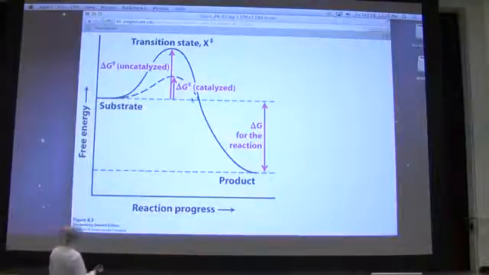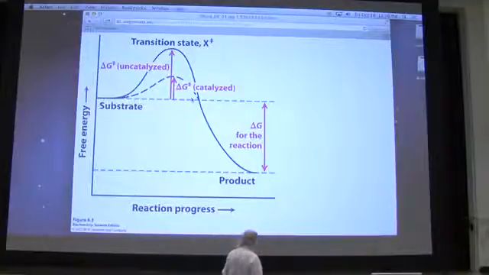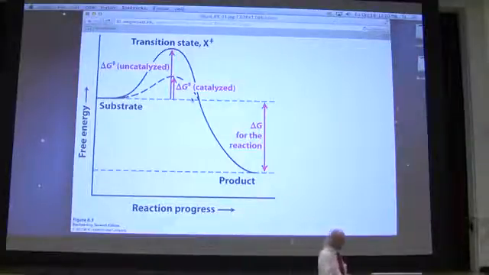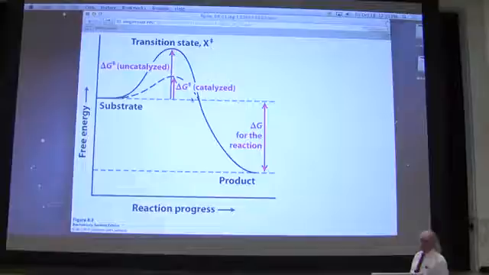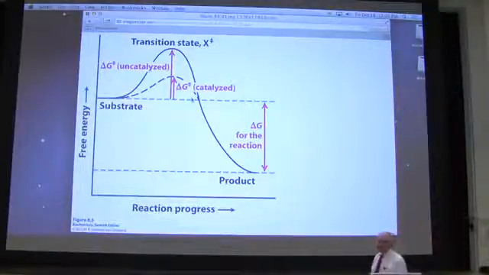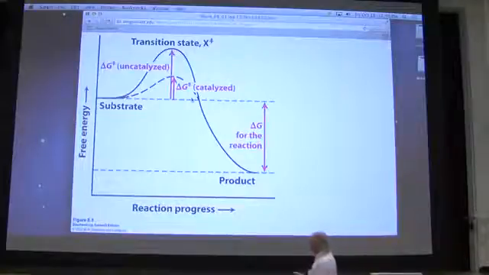Okay? So, notice that we are plotting, in this case, the free energy versus the reaction progress. When we look at this graph, we see the free energy of the material to start with, and we see the free energy of the product, and the delta G, that is the change in free energy, is the difference between this right here and this down here. That is the difference between the energy of the substrate and the energy of the product.